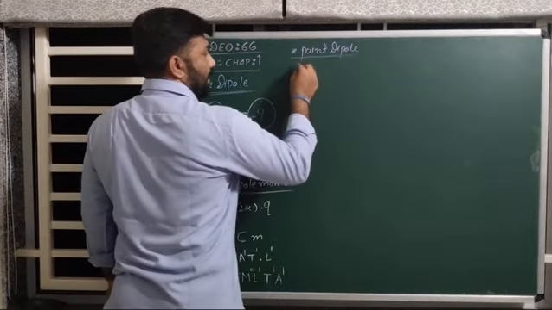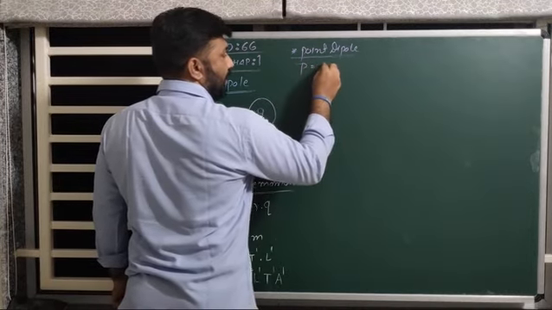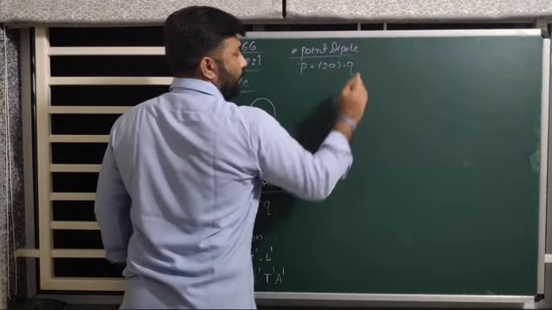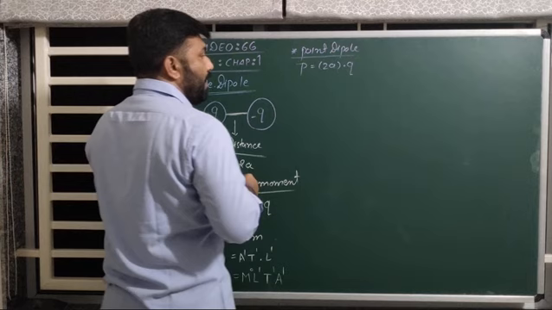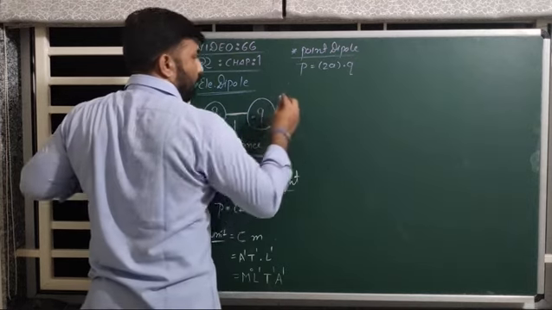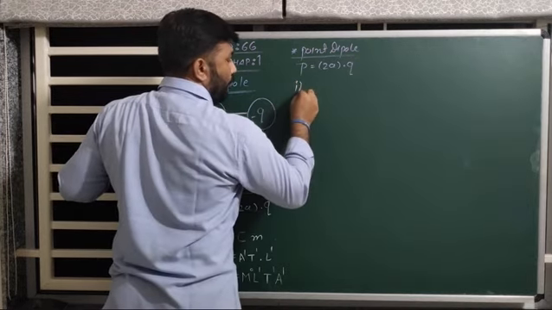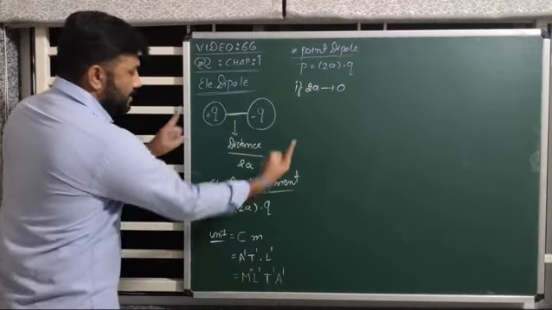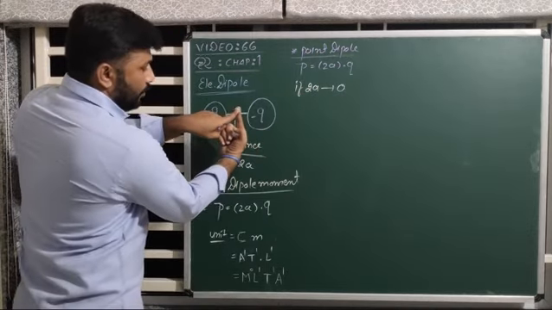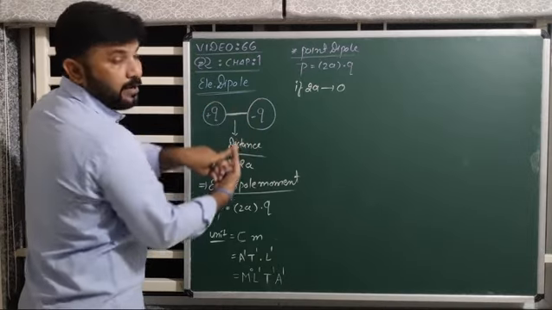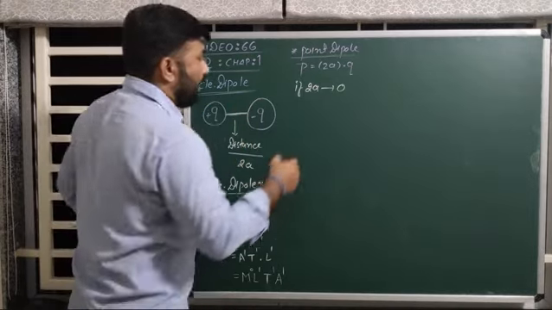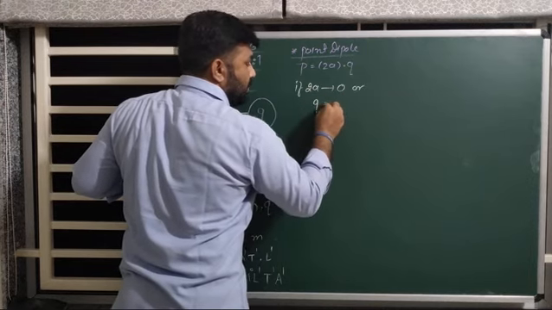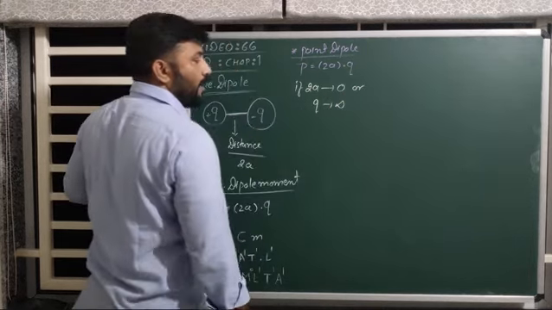In this equation, P is equal to 2a multiplied by Q. If 2a tends to 0, meaning this distance is taken as 0, the charges will be at one point.